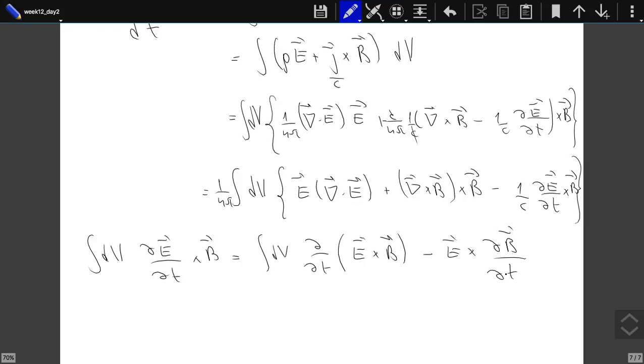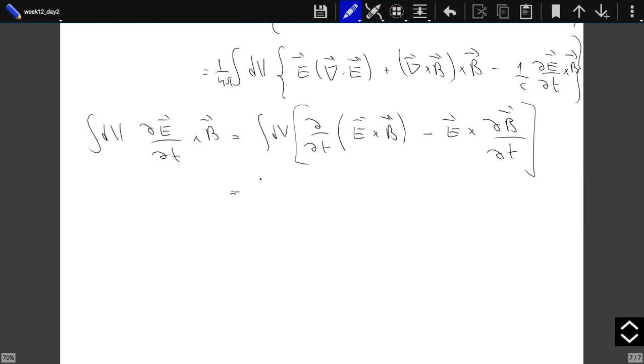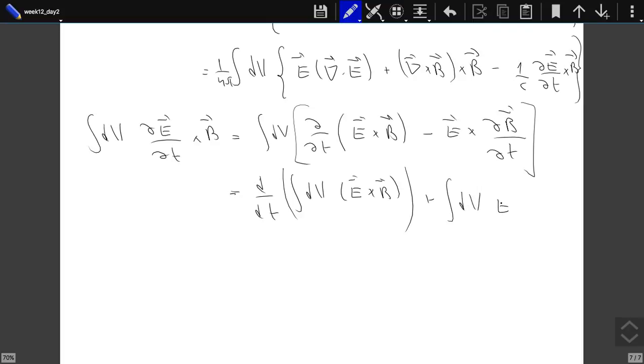But I can replace dB by dt by the curl of the electric field. So this is equal to d by dt. Okay, I have the total time derivative of something, a volume integral, plus the volume integral of E cross curl of E times C. Because remember, curl of E is just minus 1 over C dB by dt.